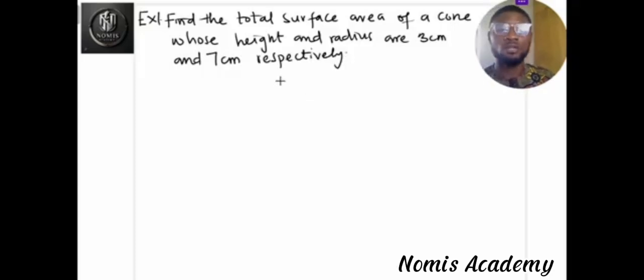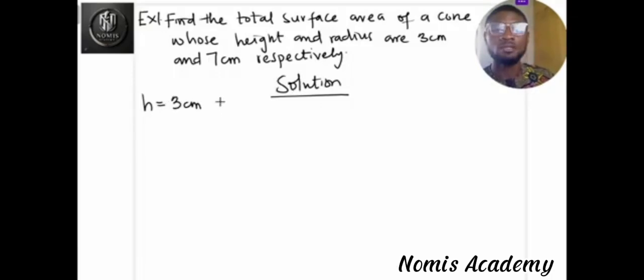So let's go into the solution of this question. The first thing we need to do, we can state out our given parameters. The height is 3 centimeter and the radius is 7 centimeter. So we are asked to calculate the total surface area of the cone.